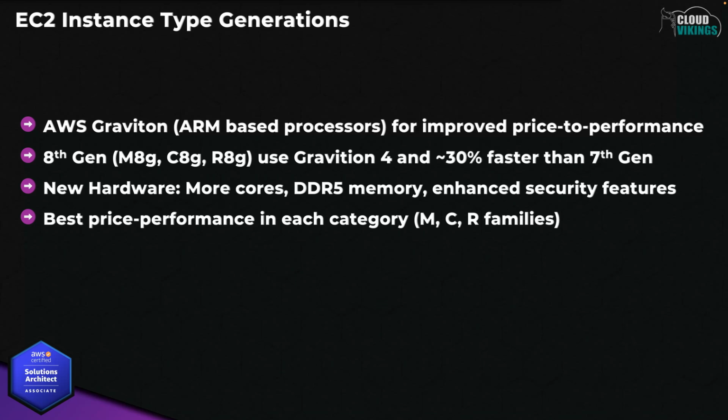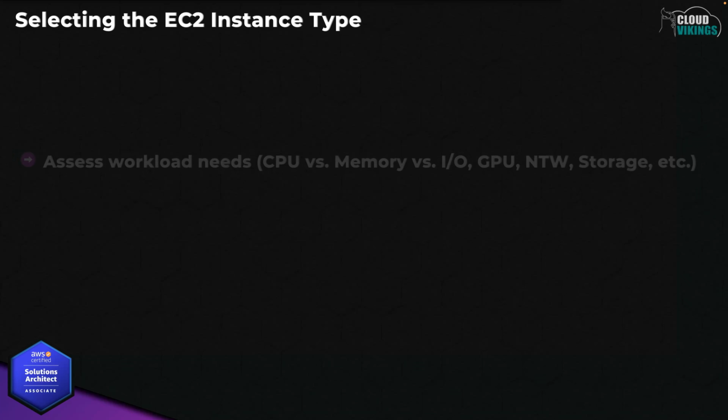AWS's own documentation emphasizes that M8G delivers the best price to performance for general purpose workloads, C8G for compute intensive, and R8G for memory intensive workloads. So as a solutions architect, you should always evaluate whether using the latest generation instance types and these Graviton-based processor options like the M8G, C8G, and R8G could provide a number of cost and performance benefits to your workloads.